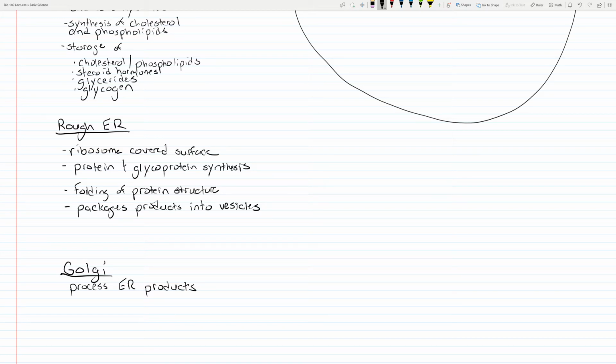Those processings are modifications to the products. So if you have a protein that needs to be changed a little bit, the Golgi will be doing that. And it's also for renewal of the plasma membrane.